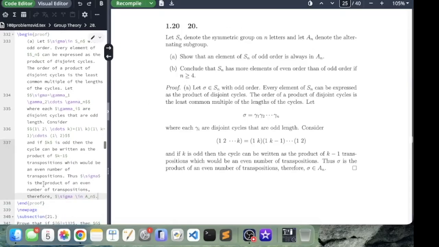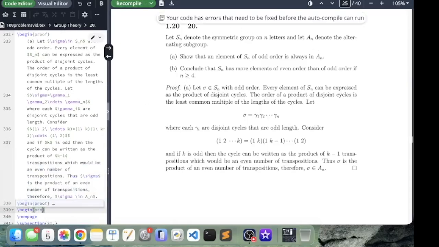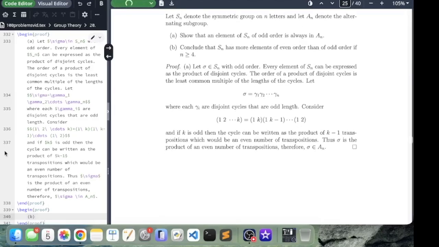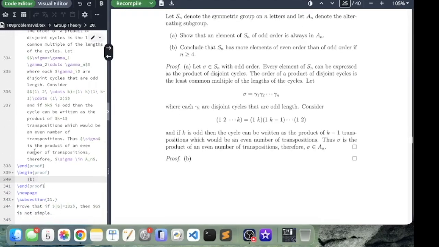Part B, we want to show that, conclude that Sn has more elements of even order than of odd order if n is greater than or equal to 4. Okay, so we're just going to define some terms.